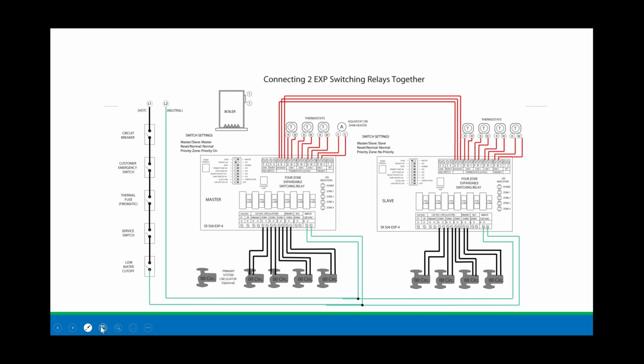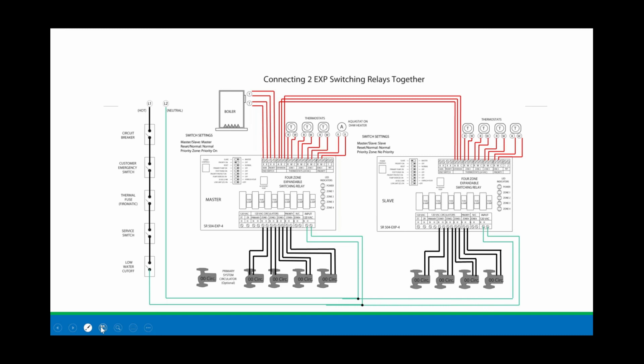So we have your end switch going to TT on the boiler, but since these are expandable panels, we give you another end switch. That's your priority end switch. That's for domestic hot water. A lot of condensing boilers have two TTs on them, one for space heating, one for domestic. So we make it that you have two isolated end switches on these panels to make that wiring simple.